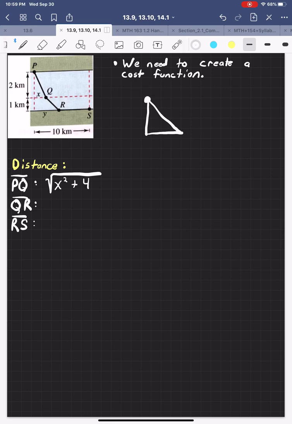This is a harder one for some students to see. We know that the hypotenuse is the segment from Q to R. It's fairly easy to see that one side of your right triangle is the distance of 1 kilometer, so we know that this side here is 1. But the question I have for you is, how do you build this side?